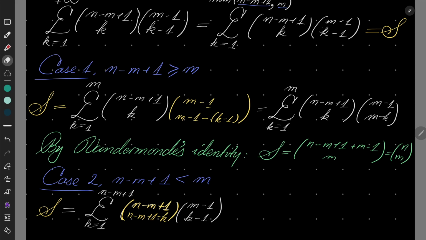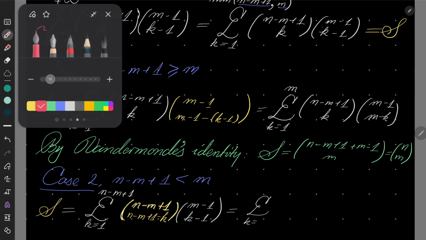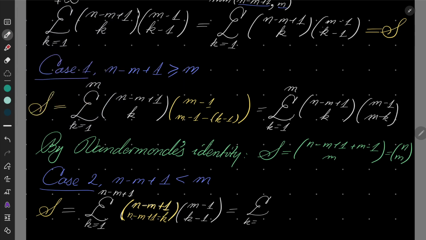We need to move our index of summation to be able to use Vandermonde's identity. So instead of k, let's put in every place k plus 1. If k goes from 1 to this number, k plus 1 goes from 0 to this number. We have n minus m plus 1, and here, after changing k to k plus 1, we have n minus m minus k. And here we have m minus 1 choose k.